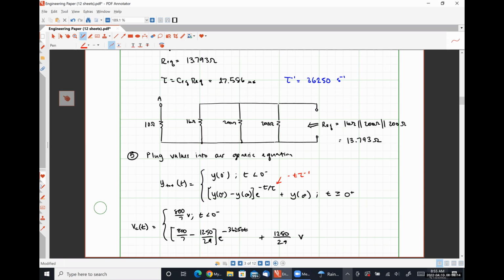Because t over tau is the same as t times the reciprocal of tau, right? And I do that because I don't like to have fractions in my exponent, in my exponential function. So I take the reciprocal. So that's just me liking that form slightly better than having a fraction there. It does not matter which way you choose to go.